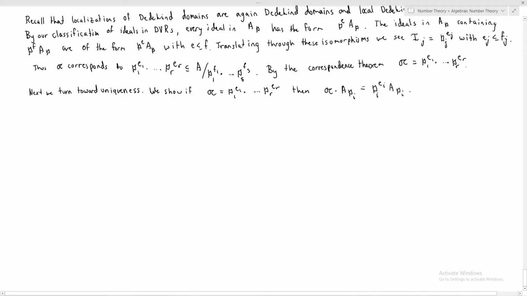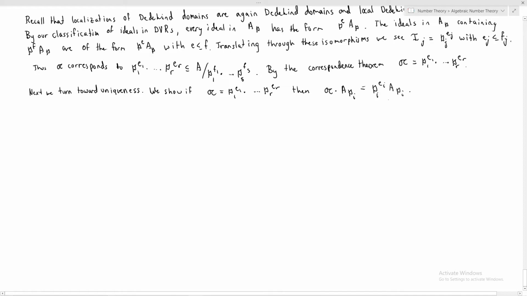If I got two different factorizations, then I would have to get two different powers, which would force two different powers of P to be equal in the localization, but this can't happen.